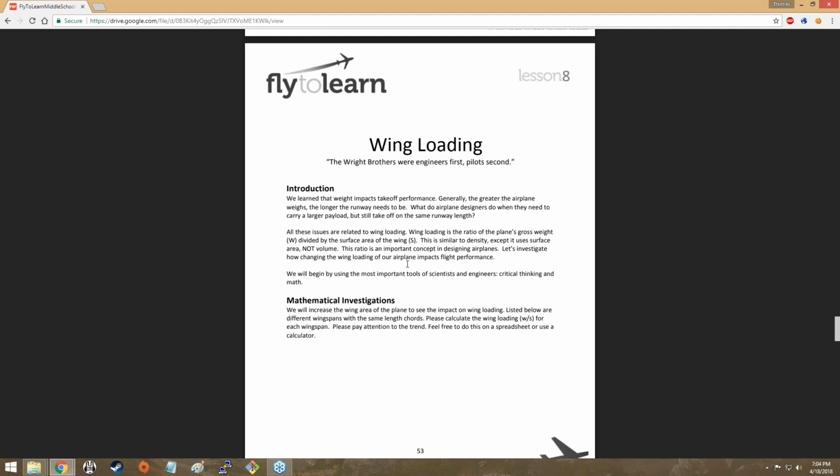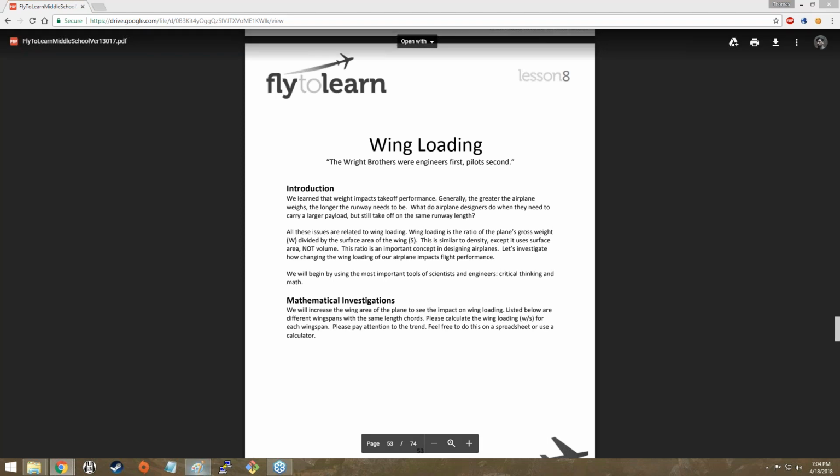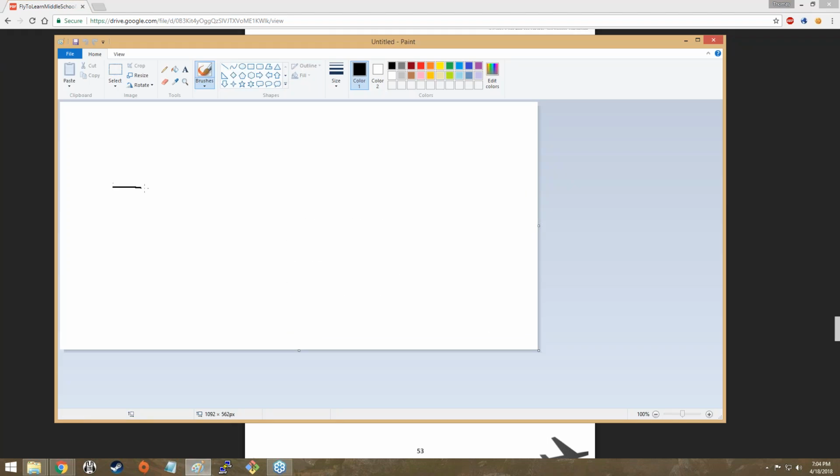Anyway, wing loading. What is it? Wing loading is basically the ratio of plane weight versus wing surface area. Put in its simplest form, it's how much does the plane weigh? This is my cartoon weight. Divided by, there we go. Here's my aeroplane.